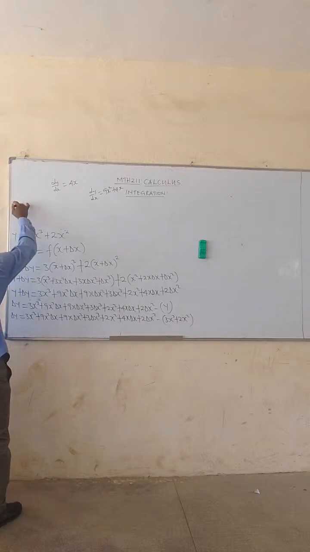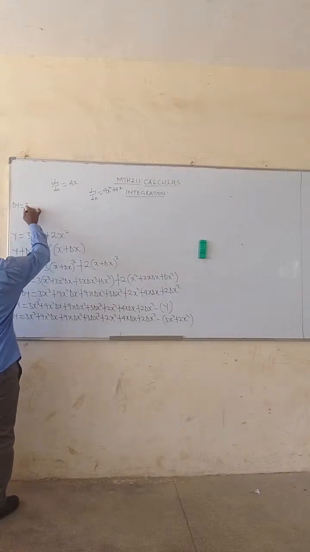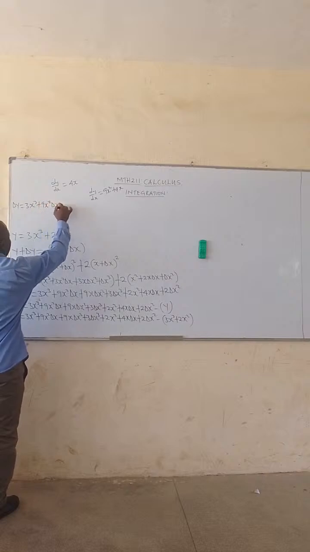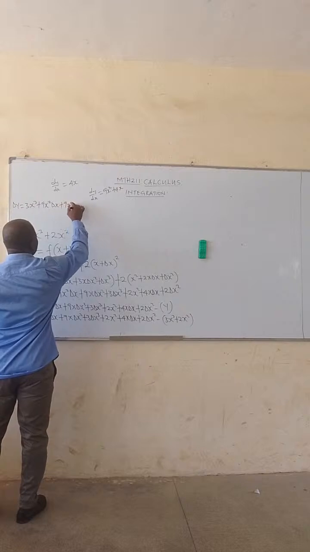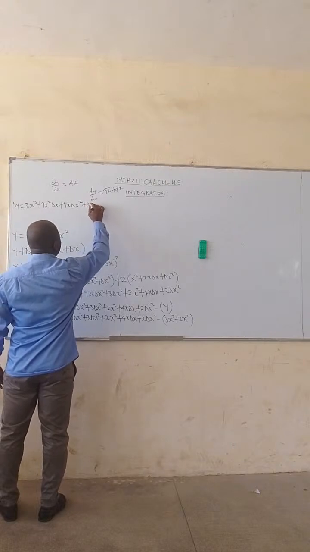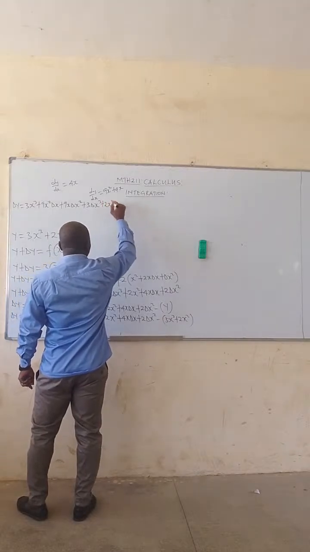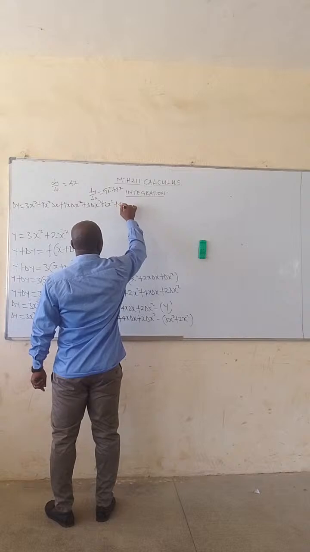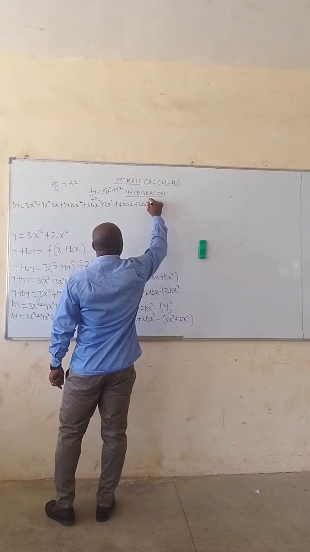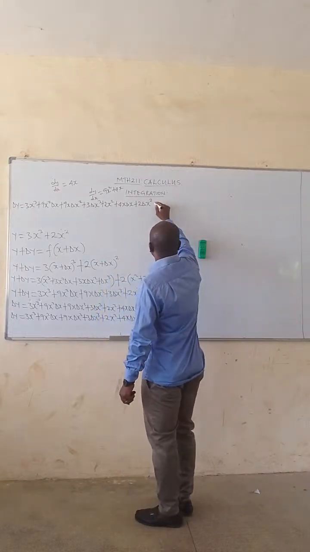If we open this bracket, we are going to have 3x cubed plus 9x squared dx, then plus 9x dx squared, plus 3 dx cubed and plus 2x squared plus 4x dx plus 2 dx squared.